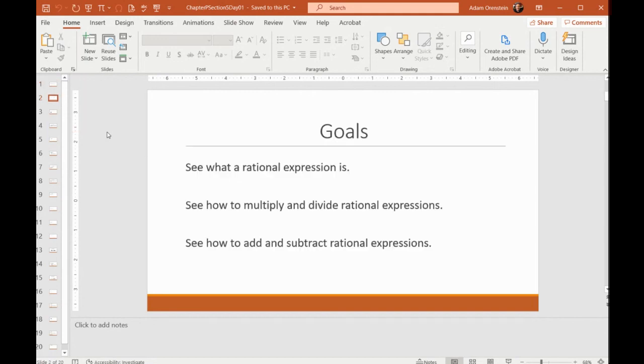We'll see what a rational expression is, and also how to multiply and divide them and add and subtract them. It's actually the same rules as when you're working with fractions. When you add and subtract fractions, you need a common denominator. Same thing with this. It's a slight generalization. Now we're actually going to have to stop. We're out of time, so let me stop here.